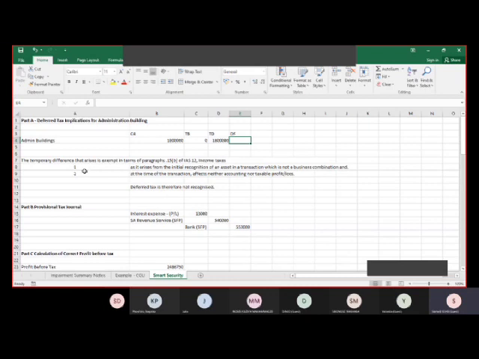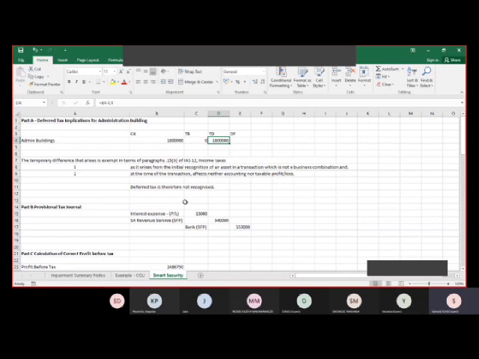And if you look at the solution, they're explaining to you that the temporary difference, they mean this 1.8, is exempt in terms of paragraph 15, subsection 12 of IAS 12.